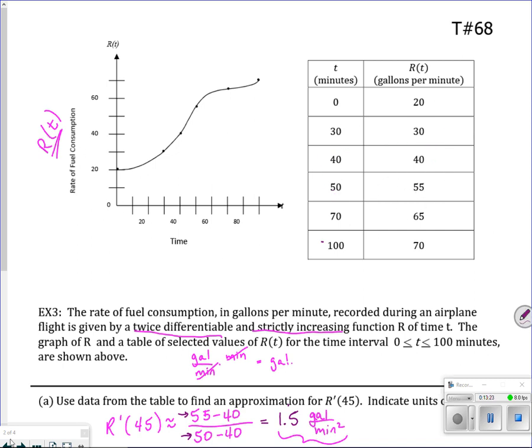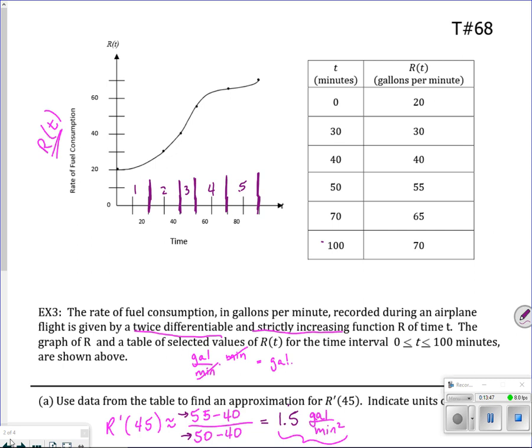So my sub-intervals, again, here's 30. So that's going to be one rectangle. 40, 50, 70, and 100. So notice my rectangles taking shape. It said 5, correct? So 1, 2, 3, 4, 5.